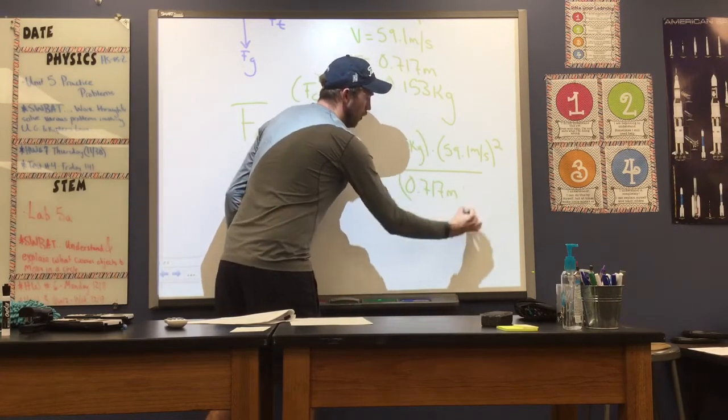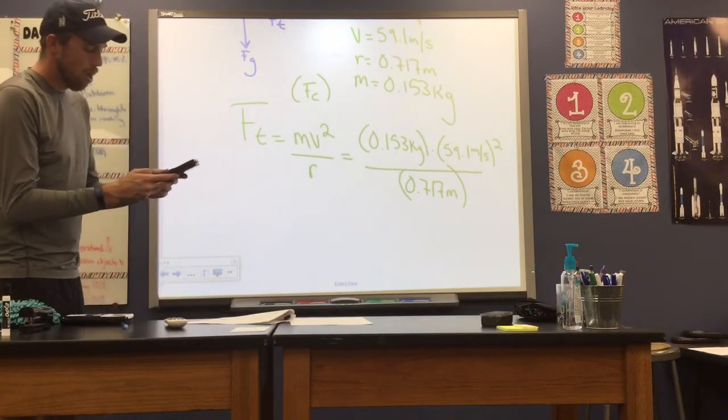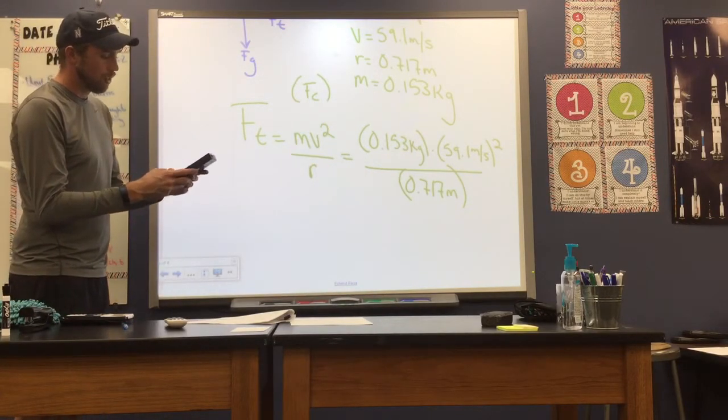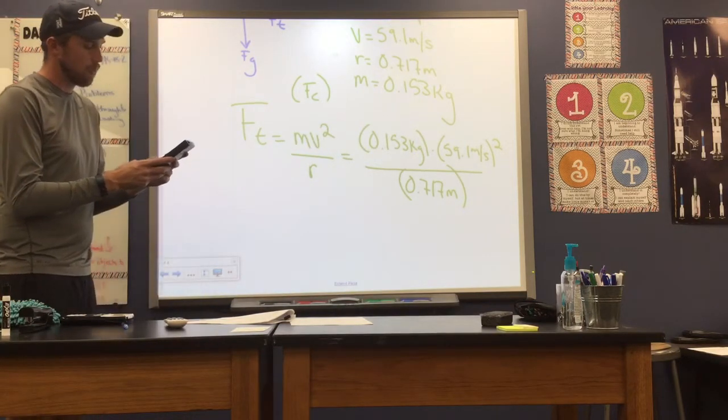As we mentioned earlier, it should give us a value for tension that's higher than we began with. So 0.153 times 59.1 squared, don't forget that, divided by 0.717.